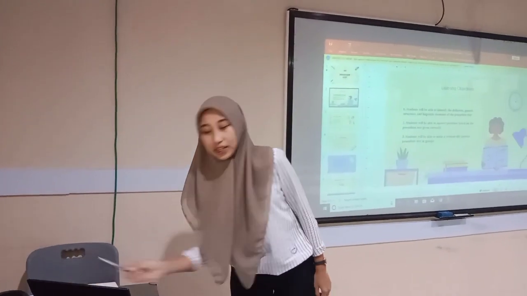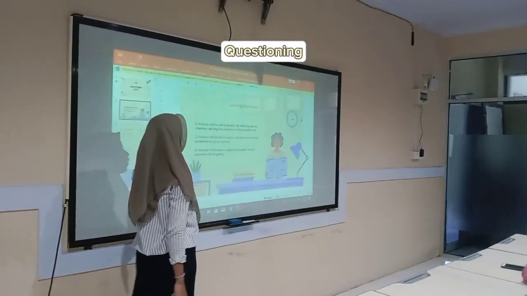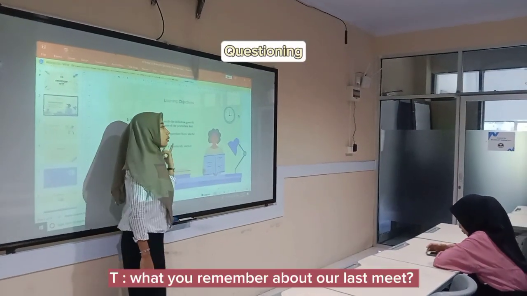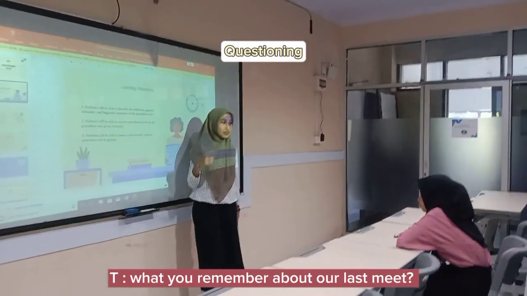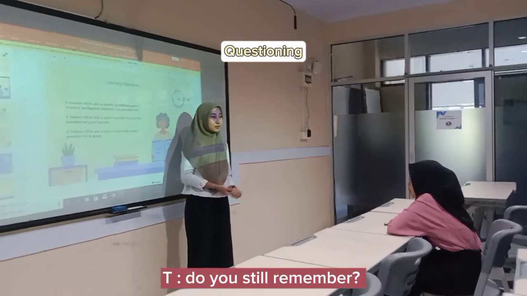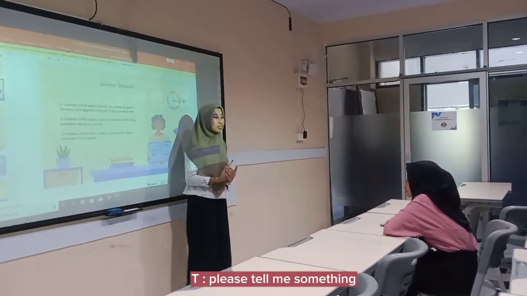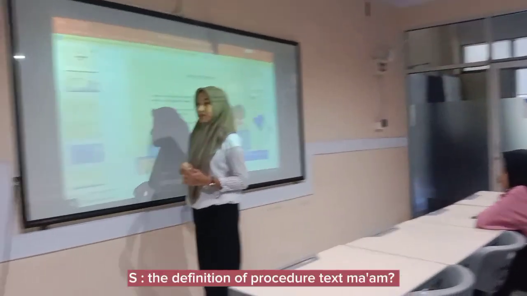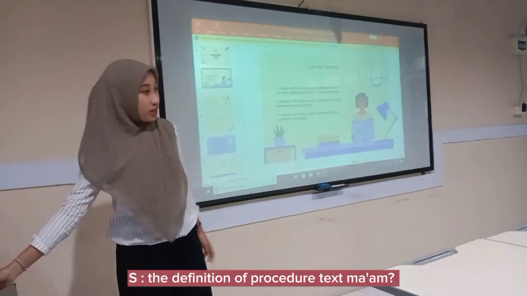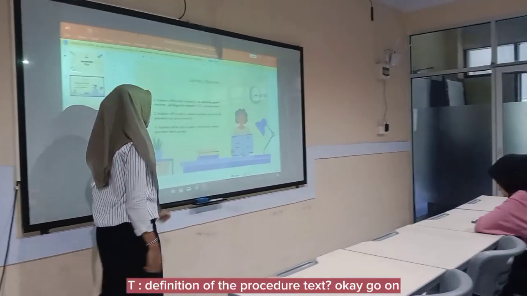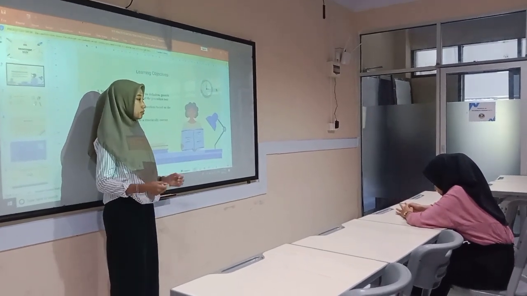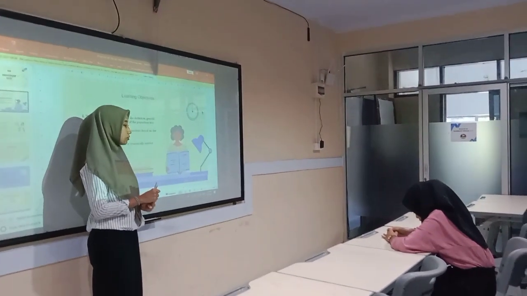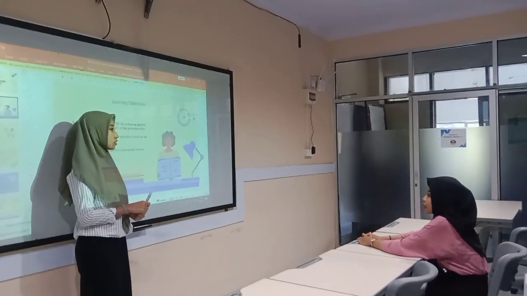I forgot. Before we move to the next step, I would like to ask you about what you remember from our last lesson. Do you still remember, Rachel? Yes, ma'am. What do you remember? Please tell us something. Definition of procedure text, ma'am. Definition of procedure text? Yes, and go on. Procedure text is the text that informs, explains, or helps the reader on how to make or use something.